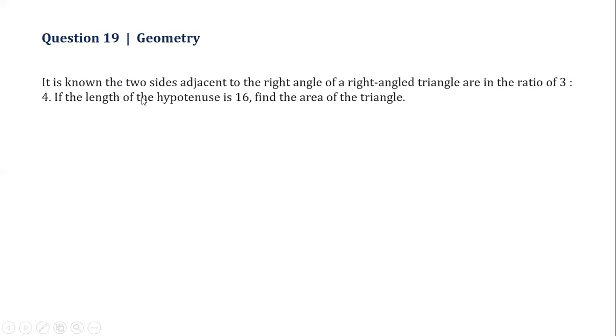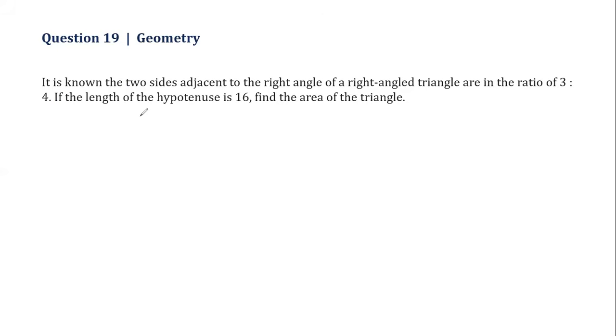If it is known that the two sides adjacent to the right angle of a right-angled triangle are in the ratio of 3:4, and the length of the hypotenuse is 16, find the area of the triangle. So I want to review Pythagorean triples first.